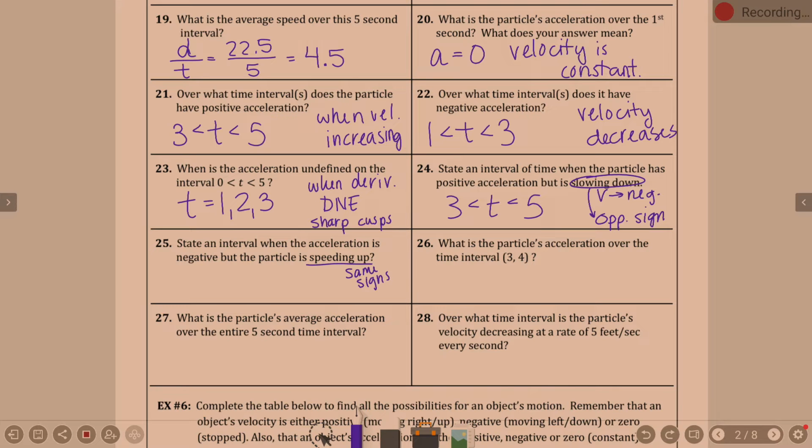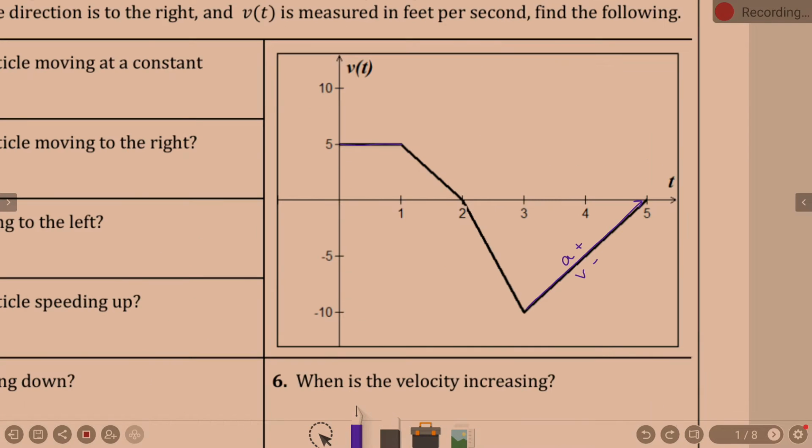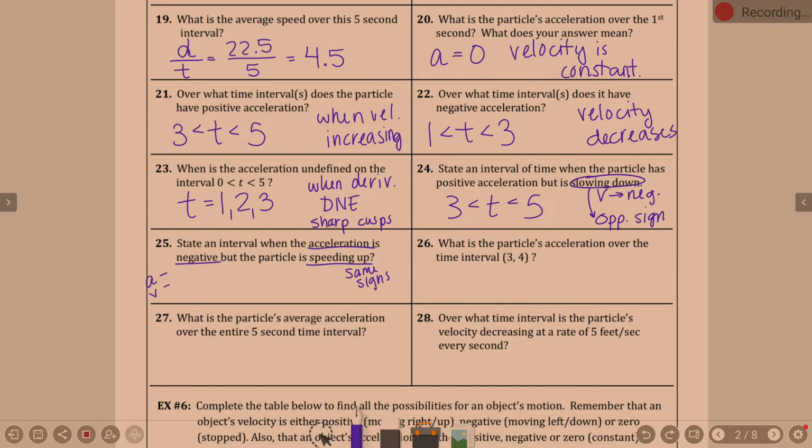Since acceleration is negative, that means you need to know where A is negative and V is negative, yes? Acceleration is negative from 1 to 2 and 2 to 3, but velocity is negative down there, isn't it? Okay, so I didn't actually write my answer, did I? 2 to 3.